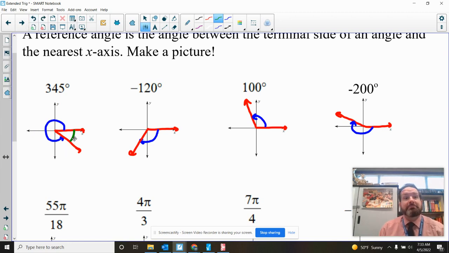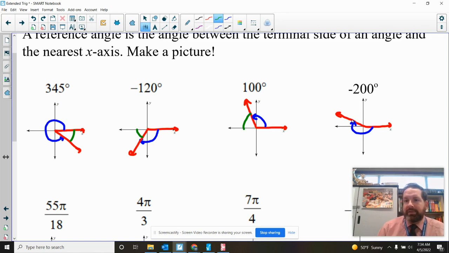There's my reference angle. Here, it's either going to be to this negative x-axis, or it's going to be all the way around to the positive x-axis. Well, pick the smaller one. There's your reference angle. Here, it's going to be either this big fella or this small fella. It's always the small one.